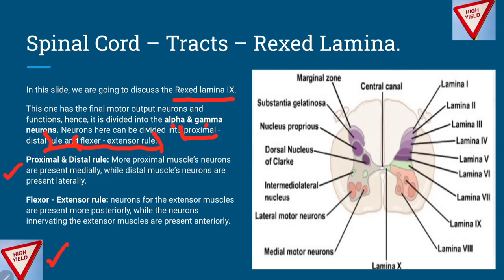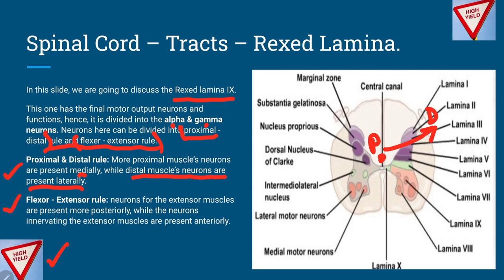More proximal muscle neurons are present medially, while the distal musculature neurons are present more laterally. So the more proximal the muscles are, the more neurons are present in the medial part of the spinal cord. The more distal the muscles are, the more lateral in the spinal cord they will be.